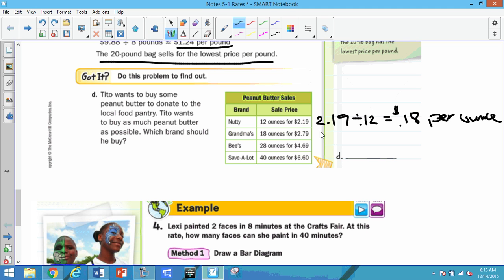So Grandma's is 18 ounces for $2.79. So $2.79 divided by 18. And $2.79 divided by 18 is 16 cents, about. It rounds because it's 0.155, so that rounds to 16 cents per ounce.